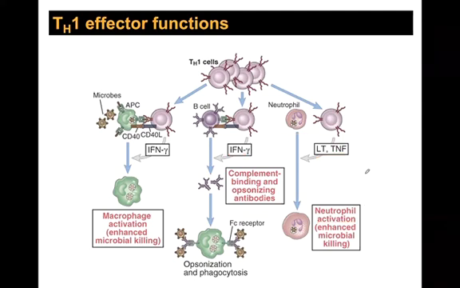Now, as I said, if you get a Th1 response, you get Th1 biased follicular helper cells. And so those are here, right? These are your follicular helper cells, TFH. So here's your follicular helper cell. It's going to go to the germinal center and start providing signals to the B cells.